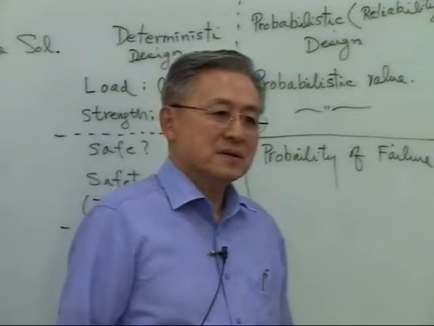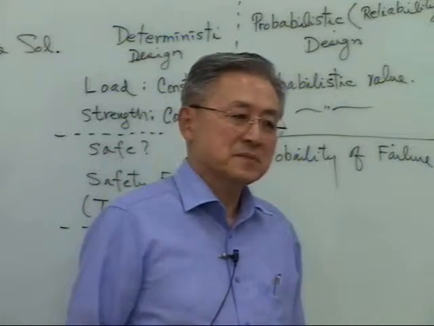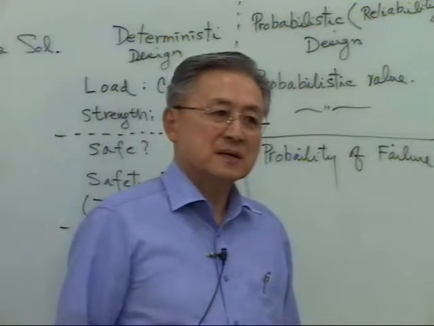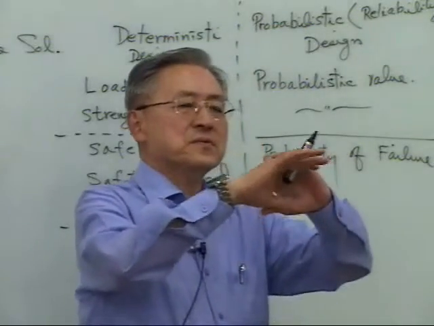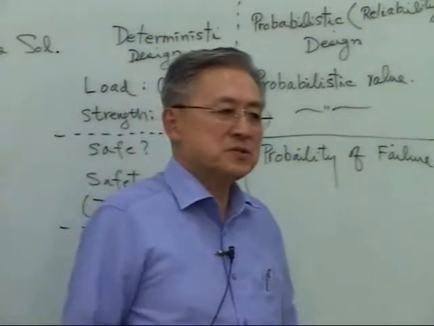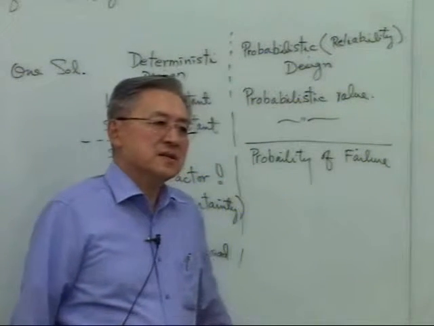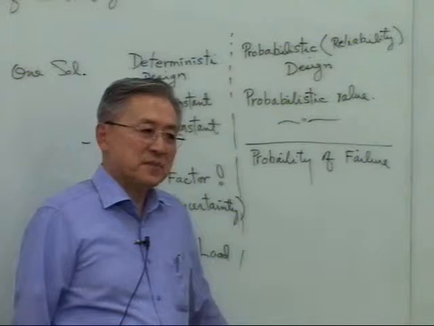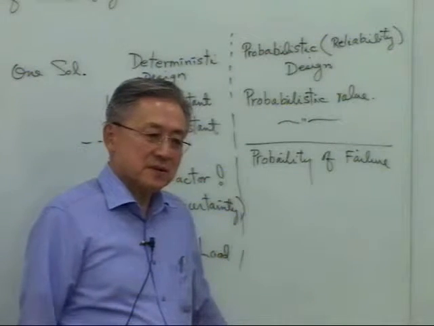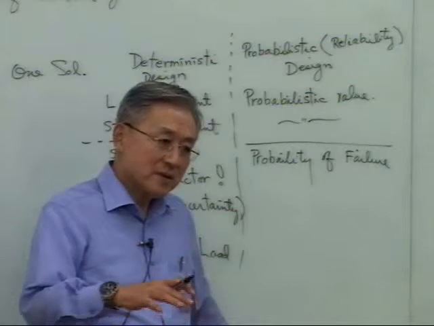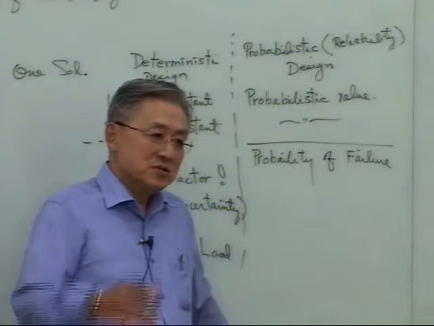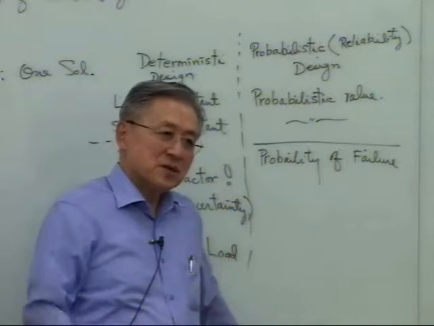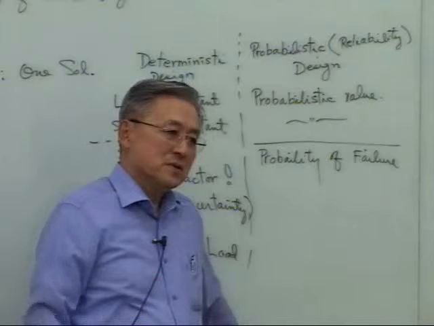Anything can fail. The Tacoma Bridge in the Seattle area is a beautiful arch type of bridge, well designed in the late 1930s, but it collapsed. Anybody heard about that? Tacoma Bridge, Seattle and Tacoma is just in the south, a little bit connecting the cities.